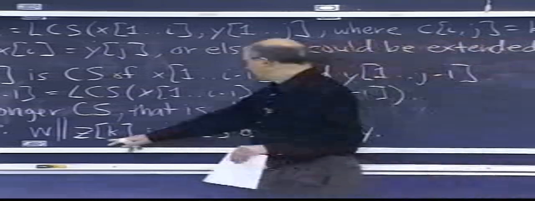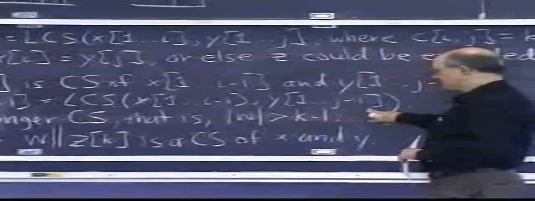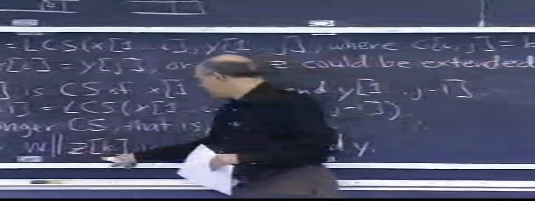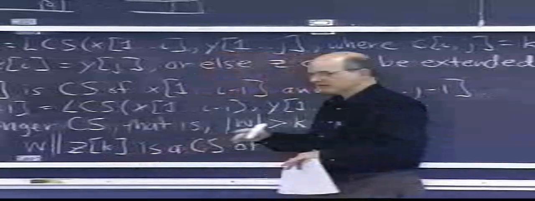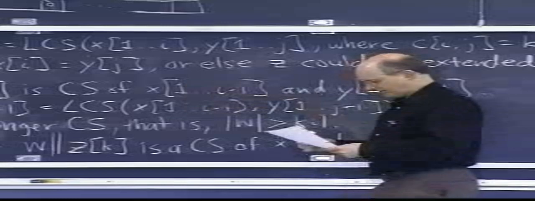Because W is a common subsequence of x1 to i minus 1 and y1 up to j minus 1, and so therefore, if I just add k to the end, then that's going to be a common subsequence of the whole thing.